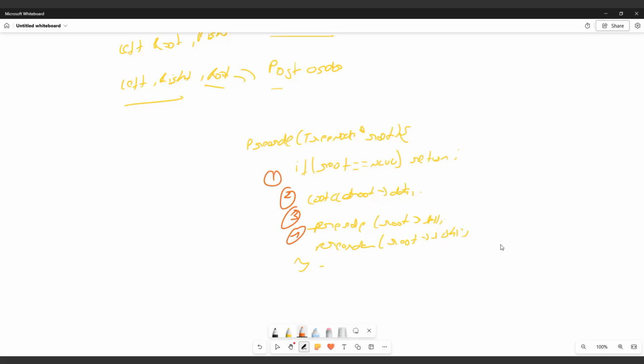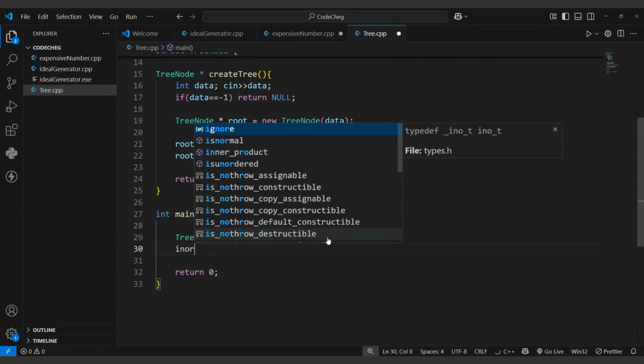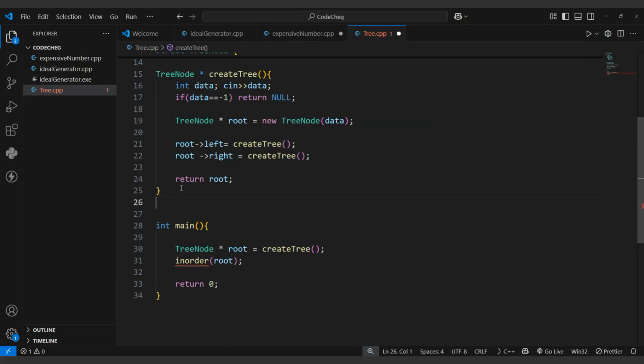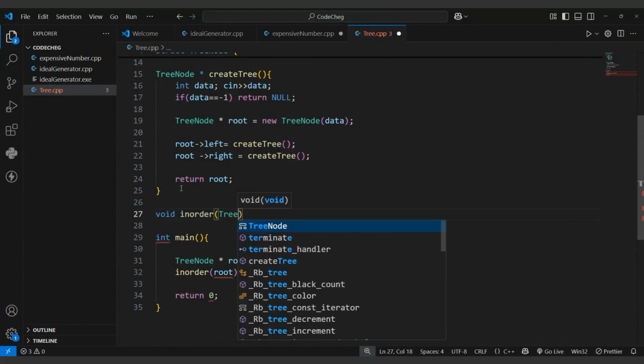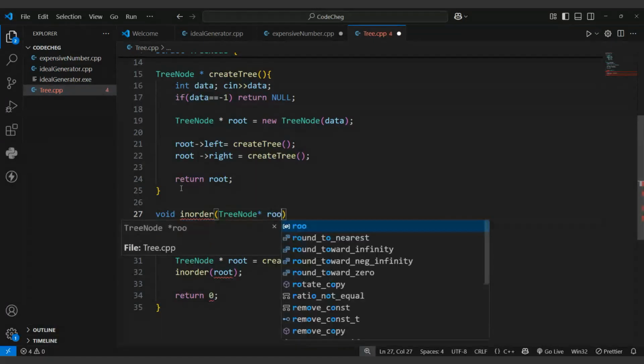Okay class, let's try to code it. I want to create one function, and in this I am passing my root. It is a void function because we are returning nothing, with TreeNode star root.